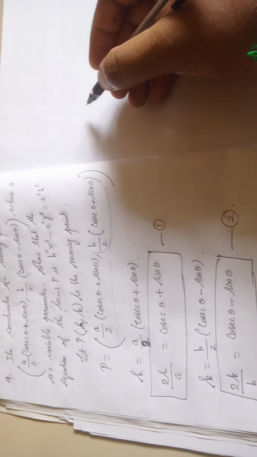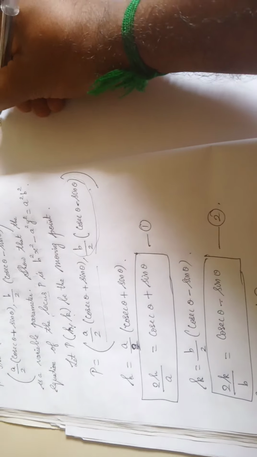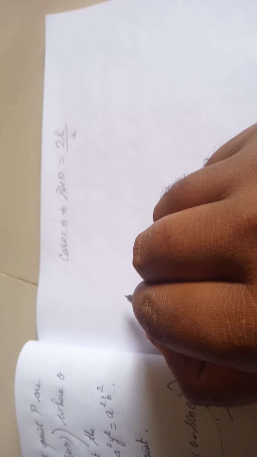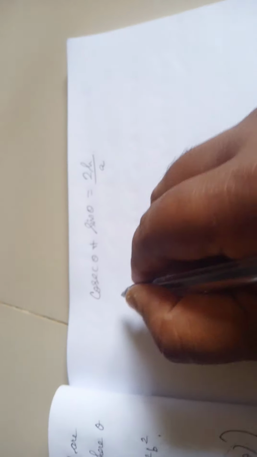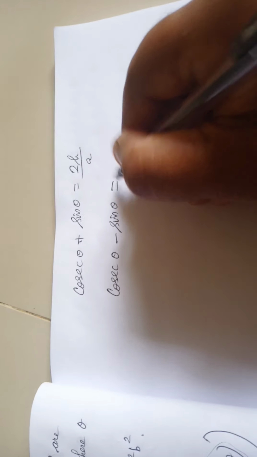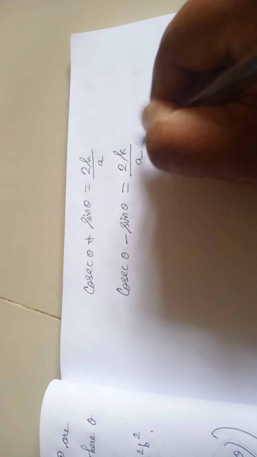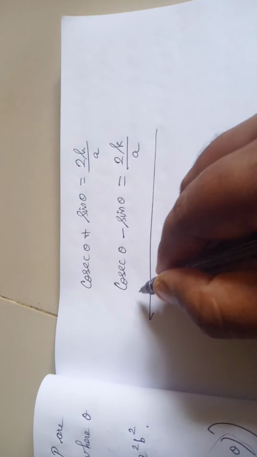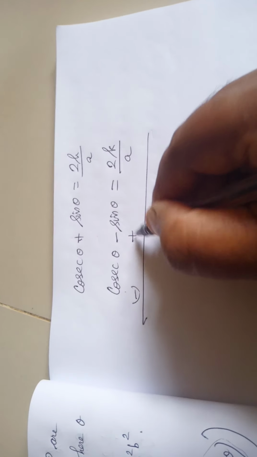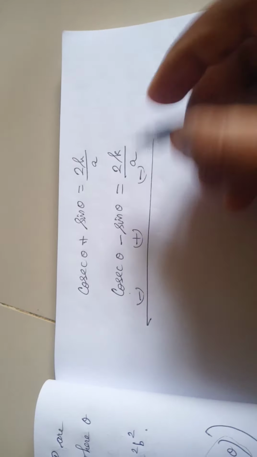So cosec θ + sin θ equals 2h by a, then cosec θ − sin θ equals 2k by b. Plus is changed to minus, and minus to plus. Cosec θ and cosec θ cancel.